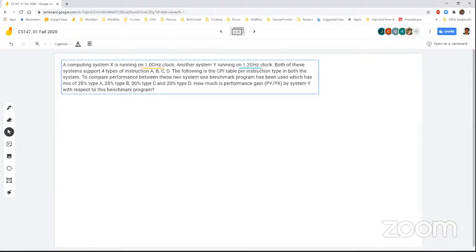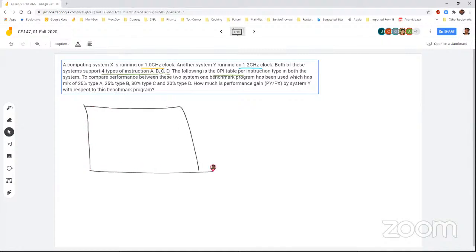Now both support 4 types of instructions, A, B, C, D, and there is a CPI table which is missing here, so let me just draw the CPI table for you.